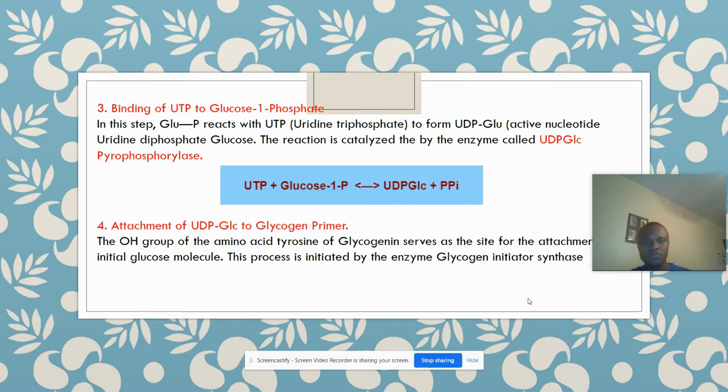When the amino acid tyrosine serves as that primer, the process is initiated by an enzyme called glycogen initiator synthase. The process will always happen in such a way that there is an open end for a glucose molecule to keep attaching onto it, leading to a polymer made up of many glucose molecules.